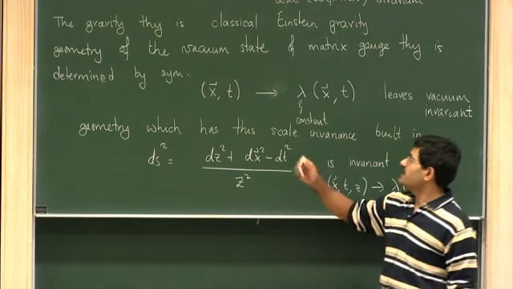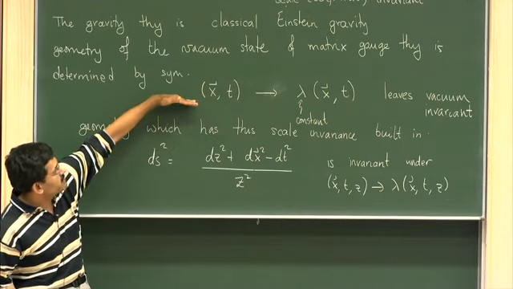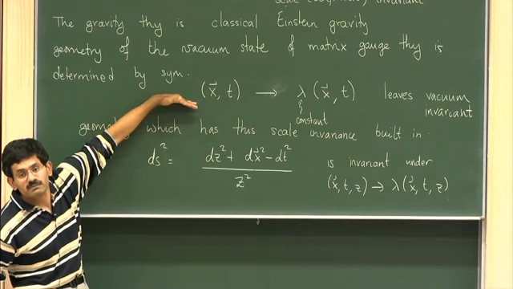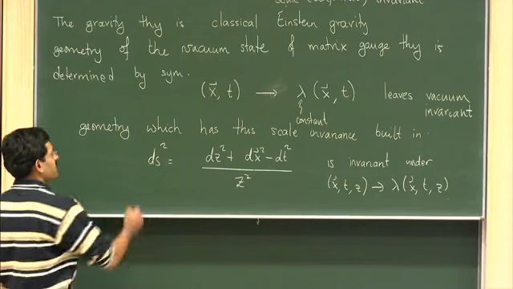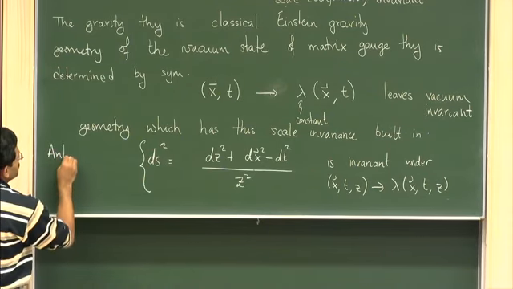So what I built into this distance function is an encoding of this statement that there is scale invariance in my vacuum. And this geometry has a name. This is the anti-de Sitter geometry.